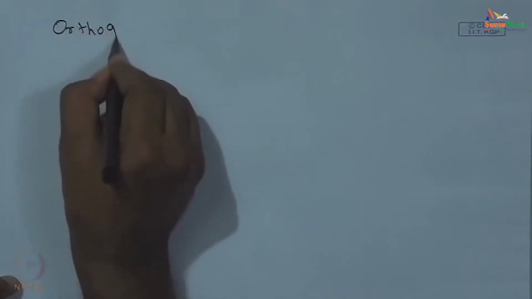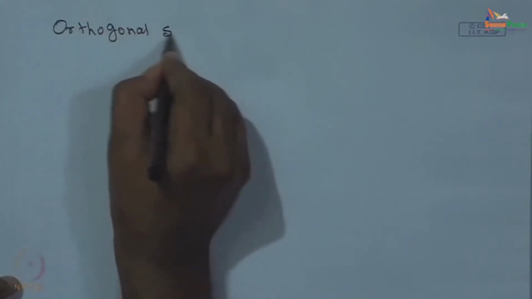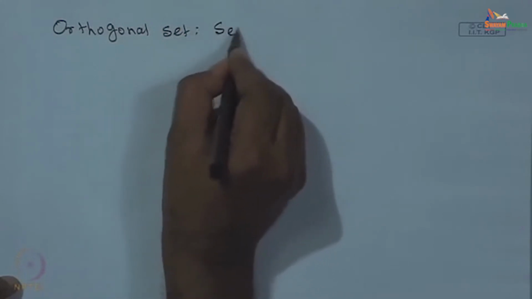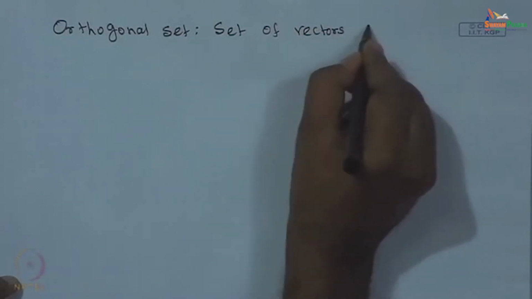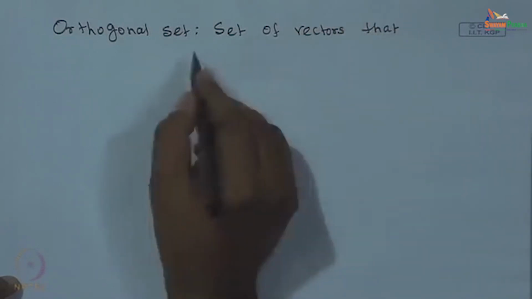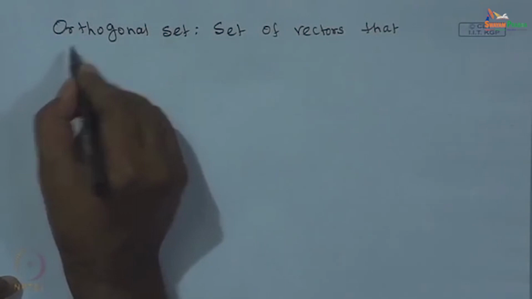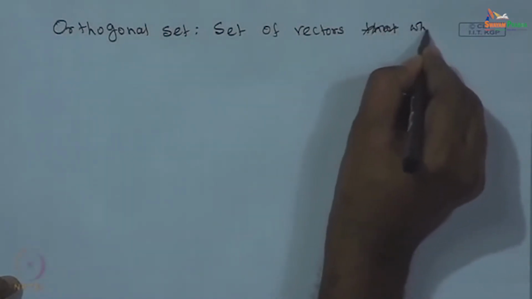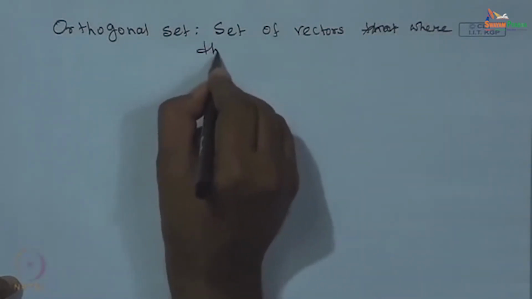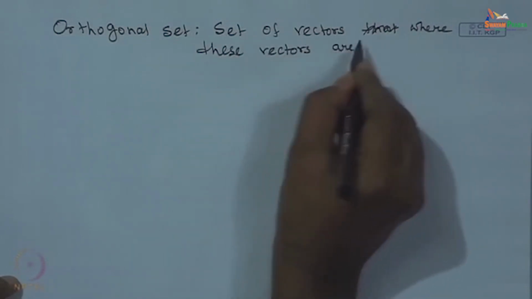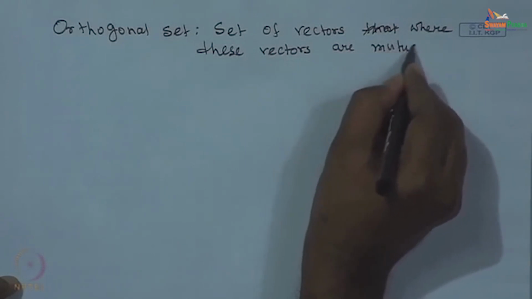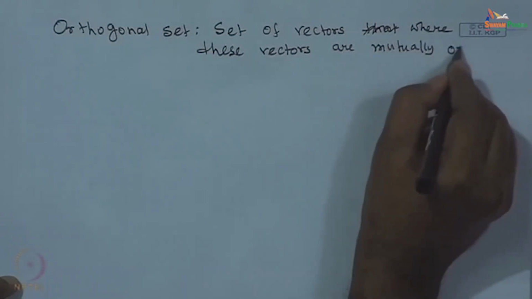Now, what is an orthonormal set? First, what is an orthogonal set of vectors? The orthogonal set is a set of vectors where these vectors are mutually orthogonal.